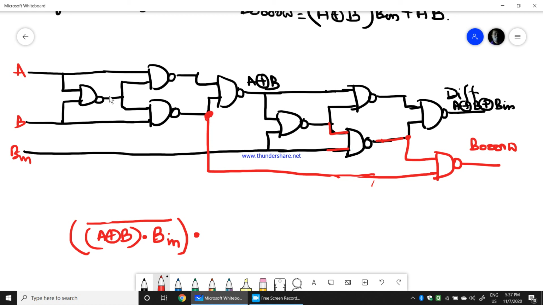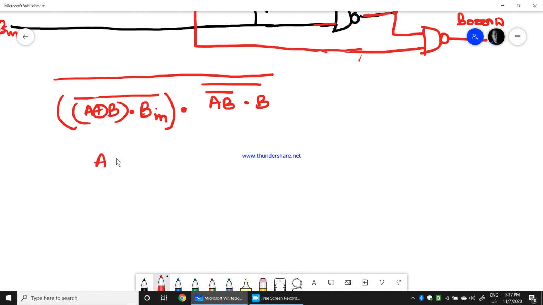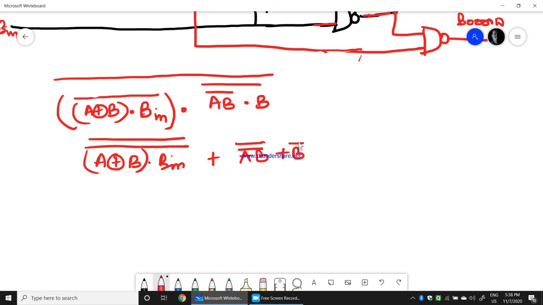this expression. At this point I have AB the whole bar is this, and B bar is this, so therefore AB the whole bar and B bar the whole bar. Now both are given to this NAND gate, so this will take the whole bar. So if I solve this, what will I get? A XOR B and Bin, the whole bar, plus AB bar, the whole bar plus B bar.